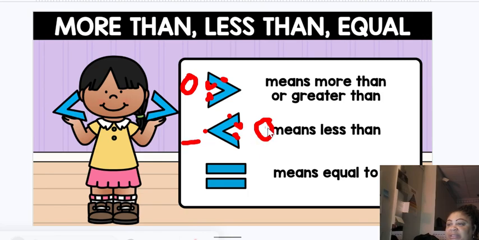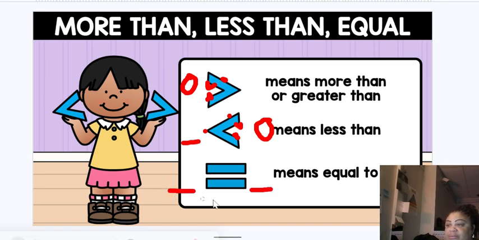So this alligator likes to eat the big amount of cookies, and it's not going to eat the small amount of cookies, okay? We're going to practice. So if it's confusing, don't worry.